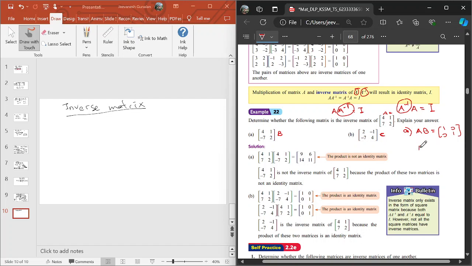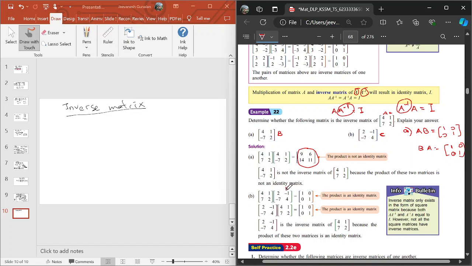Now if I take B and A, I need to get the same thing, 1100, and in this case they didn't, they got a completely different answer. So that means this is not the inverse matrix.